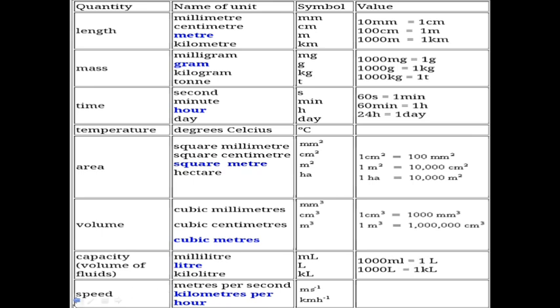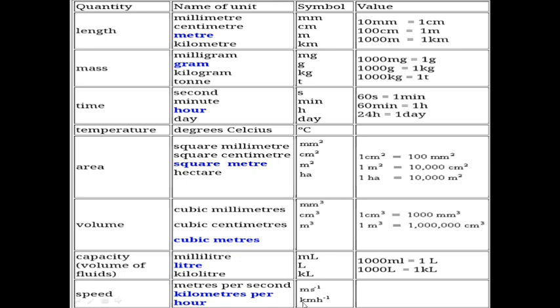Then the last quantity is speed, and the units of speed are of two types, that is meter per second and kilometer per hour. The symbol used for them is m s raised to the power -1, read as meter per second.